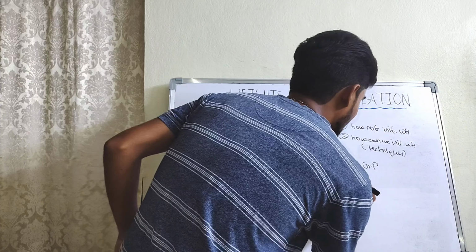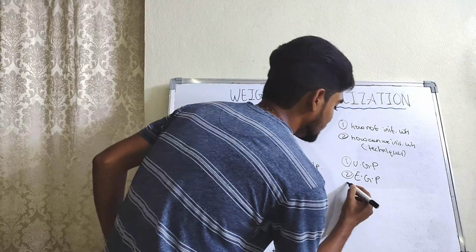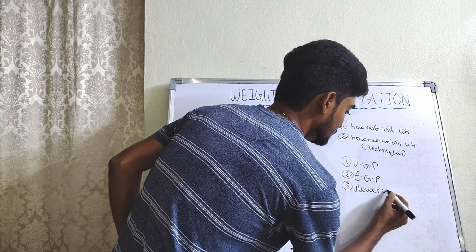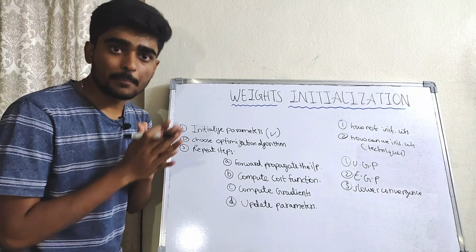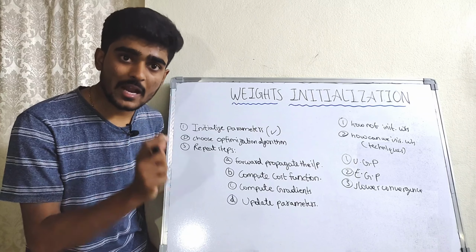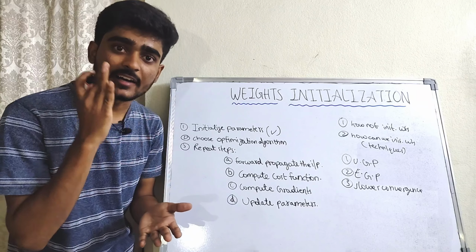The second is the exploding gradient problem, and the third is slower convergence. These are the three frequently faced problems caused by wrong initialization of the parameters. Till now we have seen weights and bias being initialized to 0, or weights and bias being initialized to some random value. Now our aim is to prove that these techniques are entirely wrong.